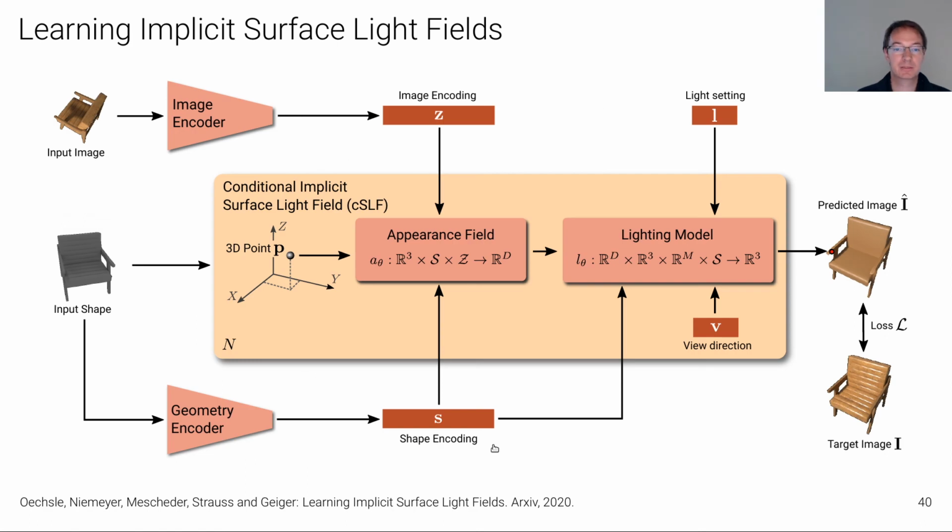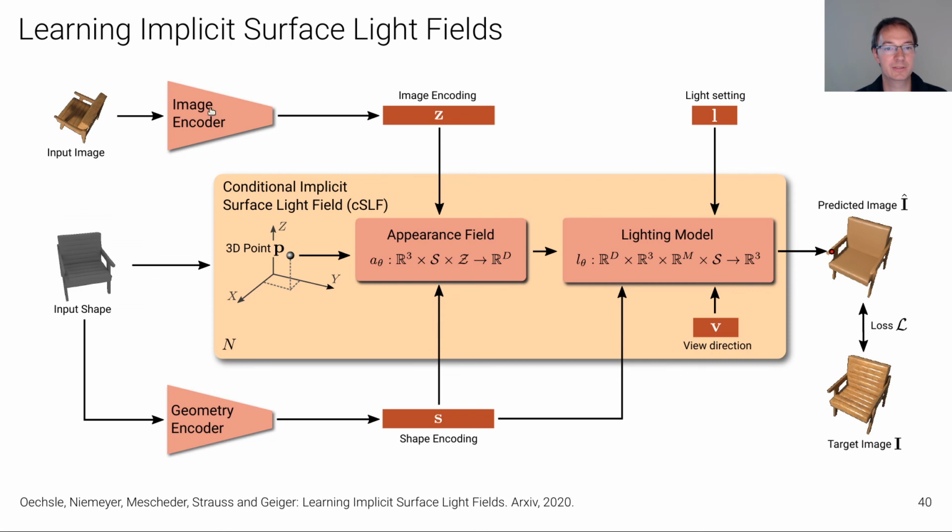This is a project that we were doing recently in my group, where we are trying to apply this idea of implicit representations to modeling surface light fields. Surface light fields are stronger or more powerful than just texture representations because they can model the appearance depending on the viewpoint.